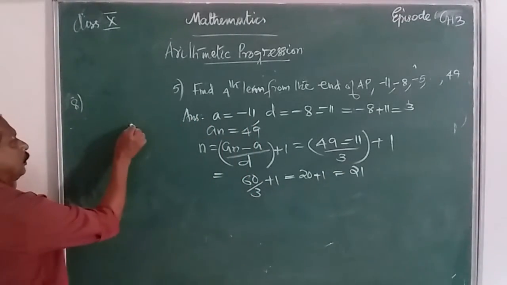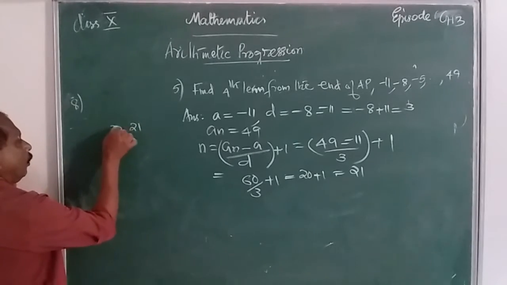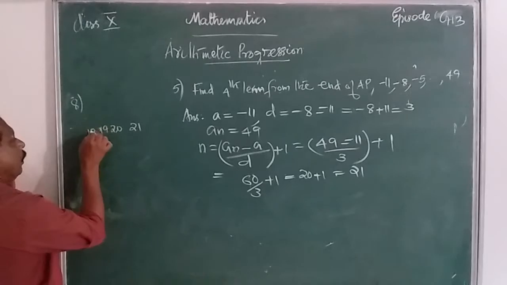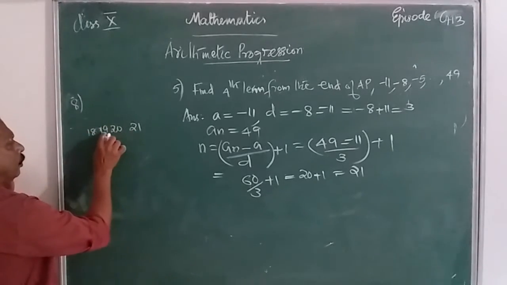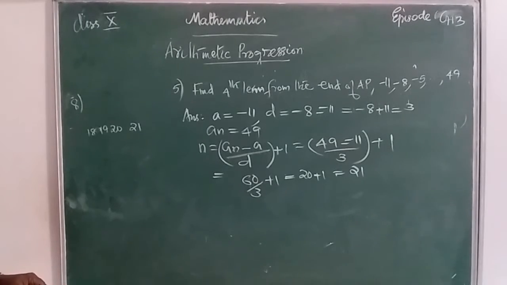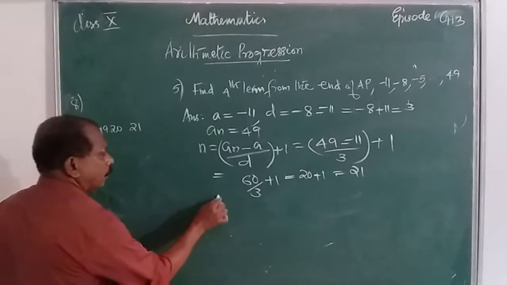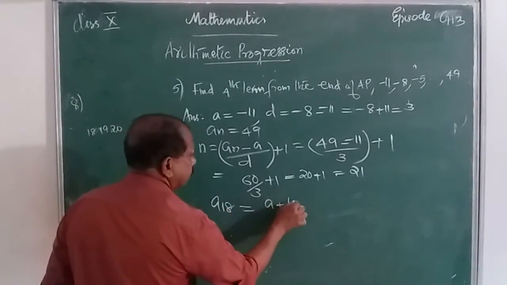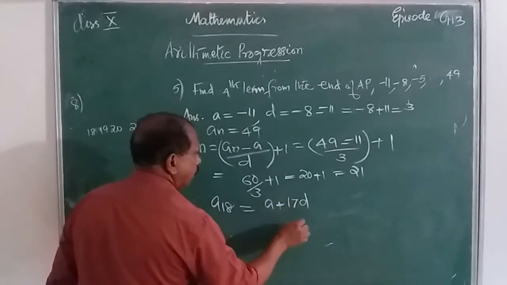That is 21 terms. Counting 1, 2, 3, 4 from the end, therefore the 18th term. That is 21 minus 4, that is 17, plus 1, that is 18. Therefore, a18 is equal to a plus 17d.